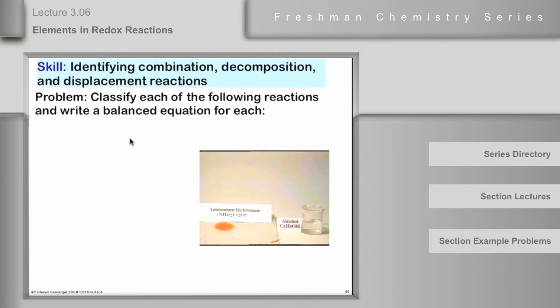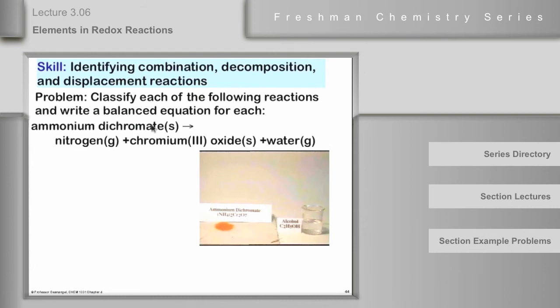If you heat ammonium dichromate, you should do so very carefully, it decomposes. Ammonium dichromate gives nitrogen gas, chromium-3 oxide, which is a very dark green color, and I think I mentioned it before, it is the primary coloring agent for American paper currency. Very stable green solid. And then we get water.